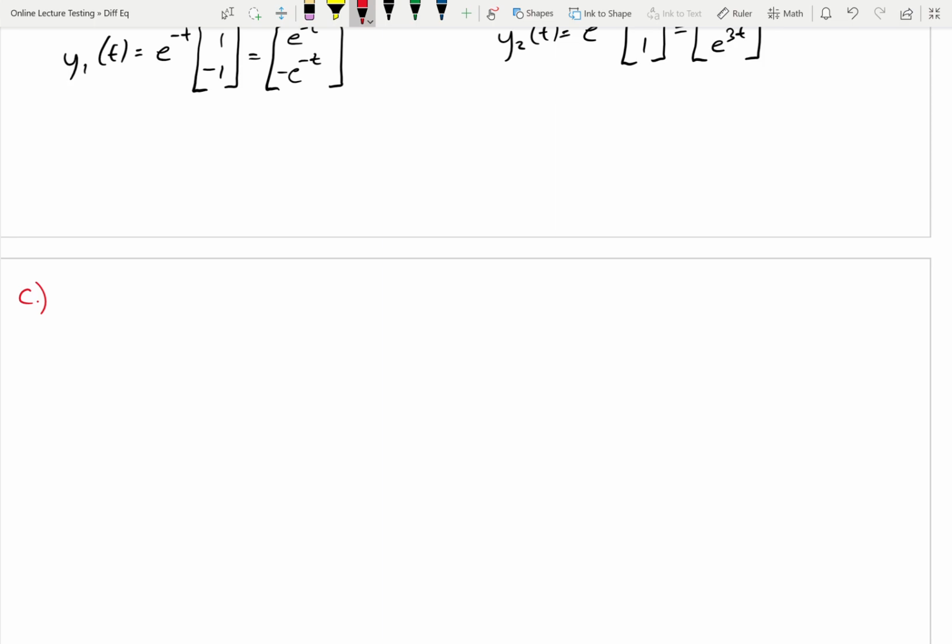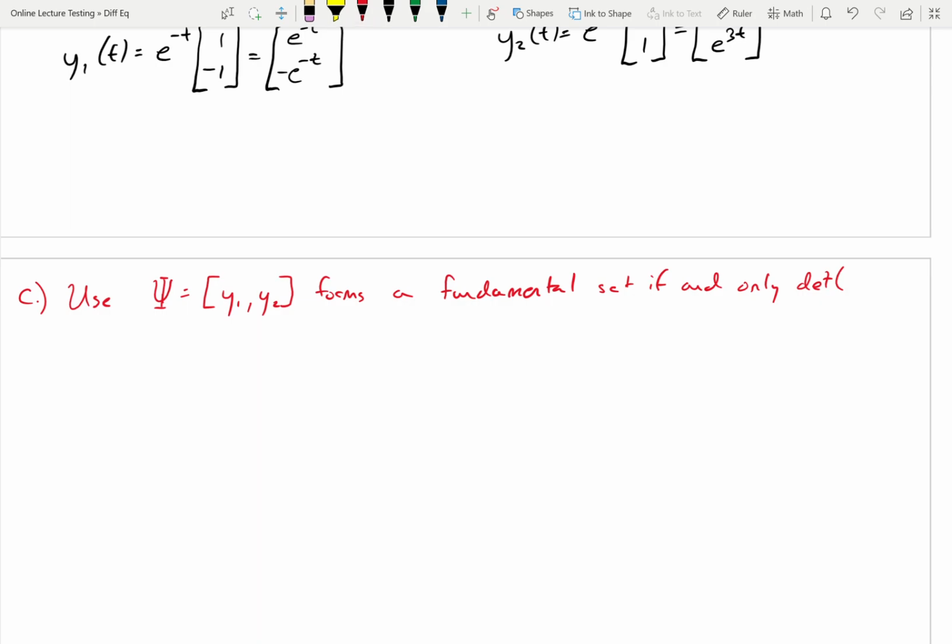All right, so going back to our previous section, we're going to use the fact that psi is equal to y1, y2 forms a fundamental set if and only if the determinant of psi is non-zero.